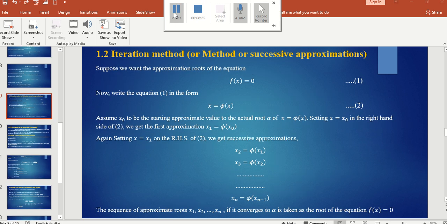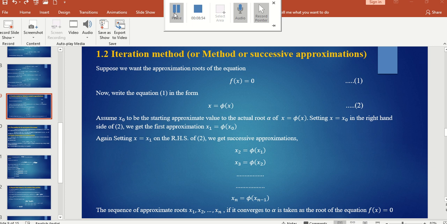The next method is the iteration method or method of successive approximations. Suppose we want to find the root of the equation f of x equal to 0. We write f of x as x equal to phi of x. Then we start with the initial approximate value x0 and actual root alpha.